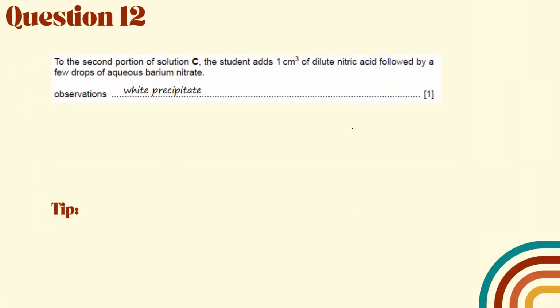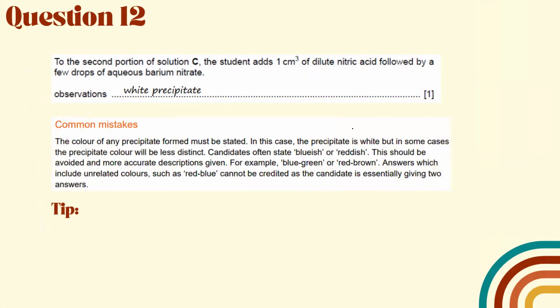To the second portion of solution C, the student adds 1 centimeter cube of dilute nitric acid followed by a few drops of barium nitrate. So if a precipitate is forming in any experiment in question number 3 of paper 6, just writing precipitate is not enough. Just writing the color is also not enough. You have to write it in full: white precipitate.